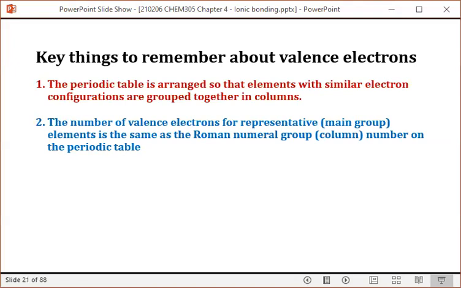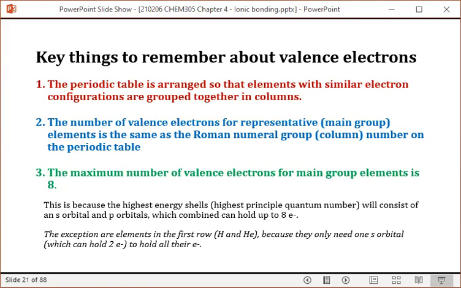The number of valence electrons for the main group elements is the same as the Roman numeral group number on the periodic table. So if you number the periodic table according to the Roman numeral system, all the elements in the A section, like group 1A, the alkali metals, group 2A, the alkaline earth metals, the Roman numeral number gives you the number of valence electrons.